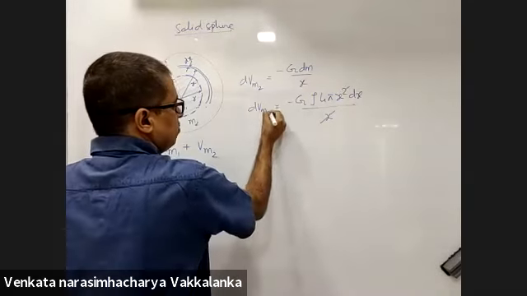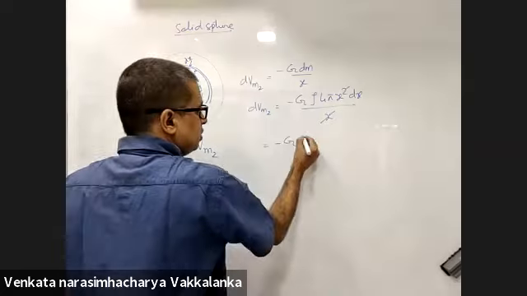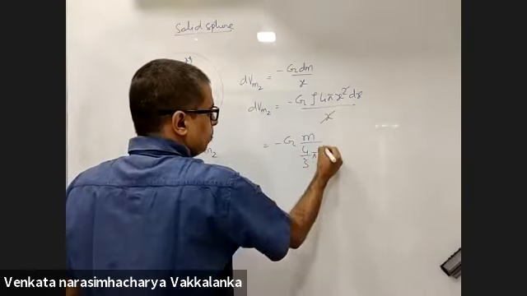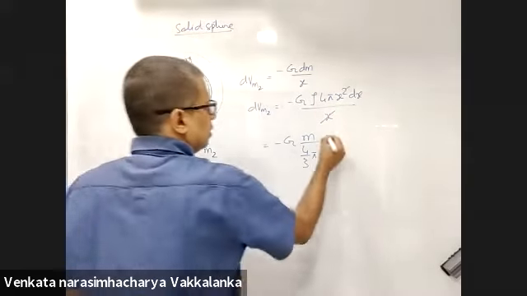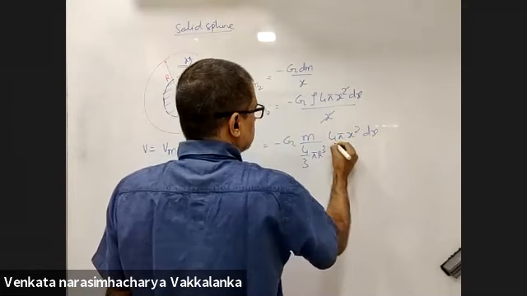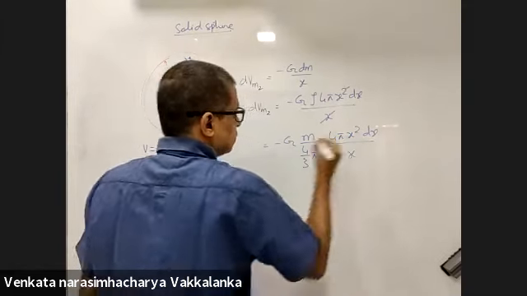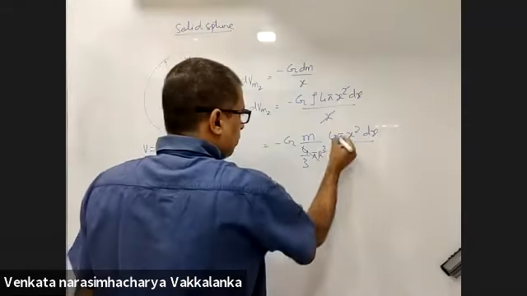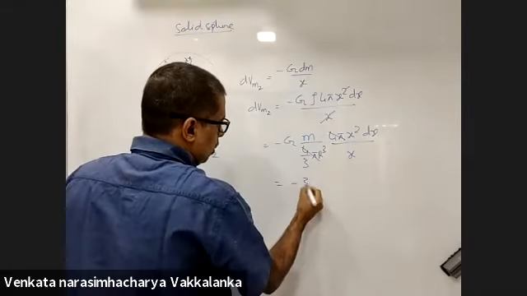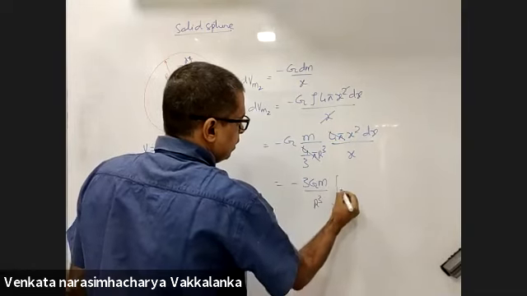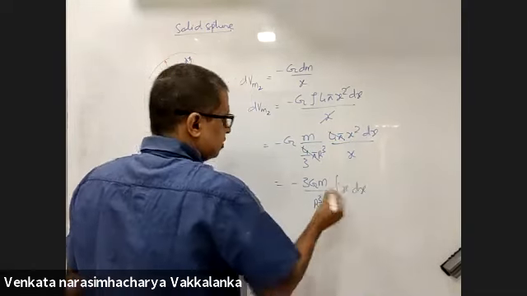This is BVM2 minus G, mass per unit volume 4 by 3 pi r cube, into 4 pi x square dx upon x. Now 4 pi will go: minus 3 GM by r cube integral x dx.